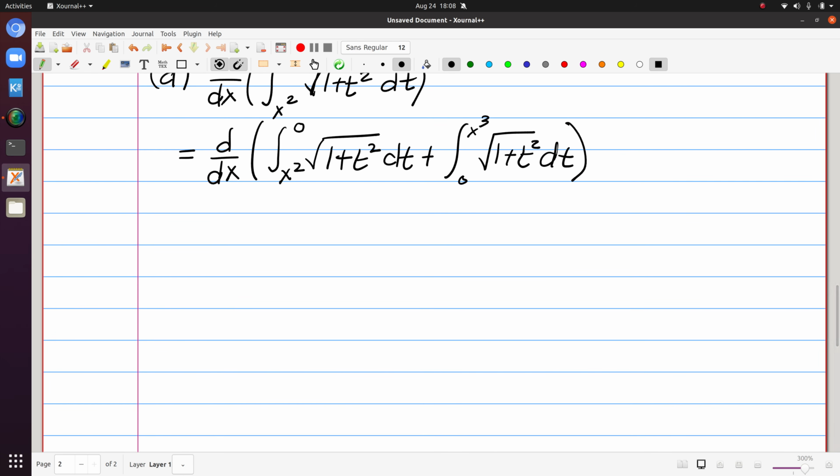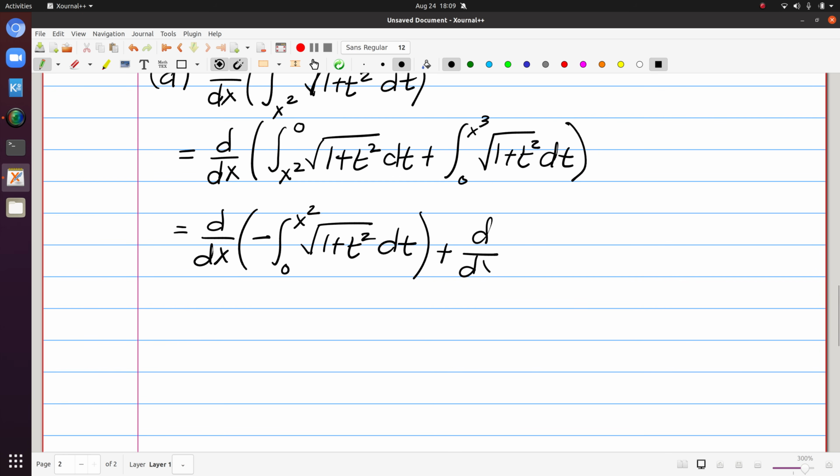And now we can see that this would be the same thing as taking the derivative of negative 1 times the integral from 0 to x squared of this expression, plus the derivative of the second integral.